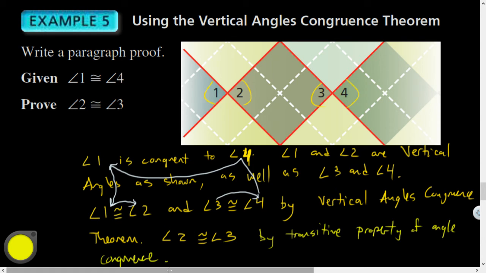I just gibberished it together in the end. But anyways, a paragraph proof is something like this. You can have all sorts of transitional words if you want. You know, such that, you know, therefore, I don't know, things like that if you want to make it more wordy and fancy. But I'm a mathematician. I'm not used to wording it. I'm not a wordamatician. That's not what I got my degree in.